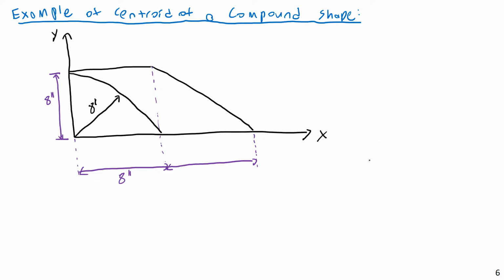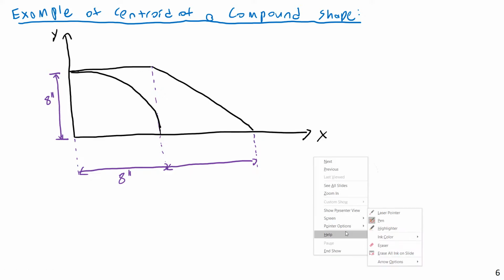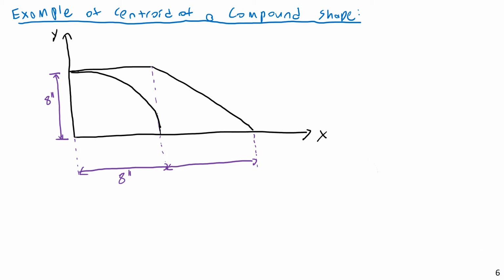A poorly drawn circle at best. Oh man, that's bad even for me. Let's just say it has to have that slope there, and that slope there, and maybe we make it come in better. This is not to scale. And I guess if I'm going to do my dimensions in purple, I'll put purple there. So this would be 8 inches here.